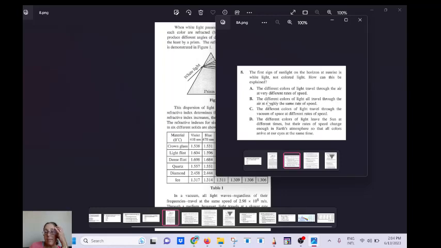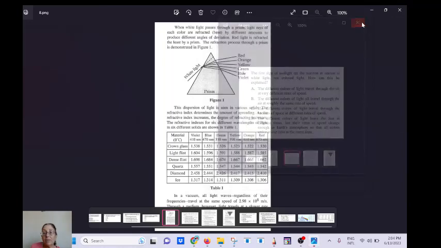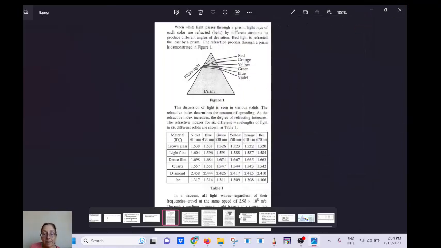That's the answer B, because in air, it's almost like a vacuum. All the colors travel at the same speed. So that's why we're going to see white light. So it's a little bit tricky. So that's for number 9.